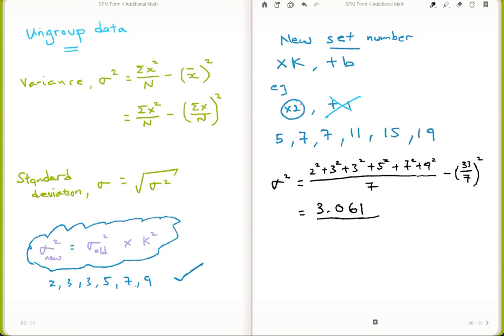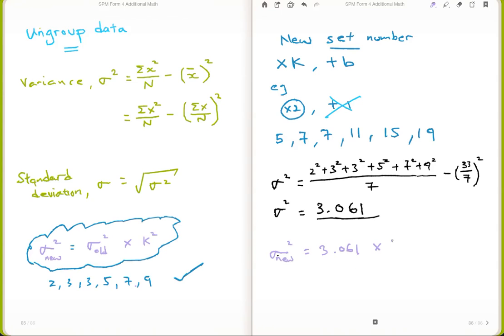If I were to times 2 and plus 1 to the new set of data, you don't need to recalculate that. Instead, my new variance would be the old one, which is 3.061 times, you don't need to do the squared because this number is already the squared. So here times the k squared. K is 2 in my case.